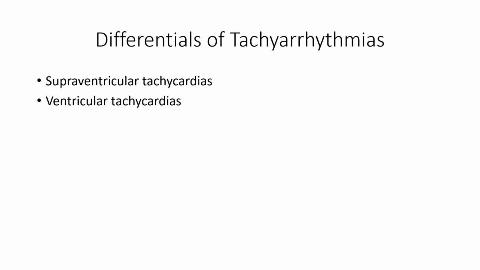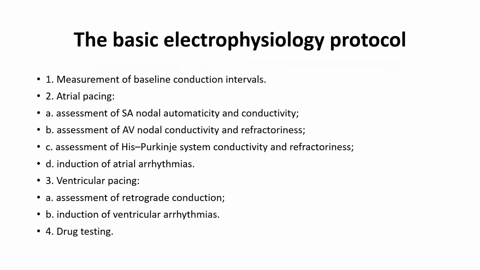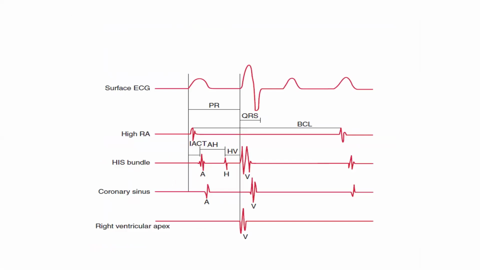Now, going back to this basic EGM, we have our surface ECG here. You will determine the number of surface ECG you want. We have the high right atrium. That means this reading is monitoring the activity in the right atrium.